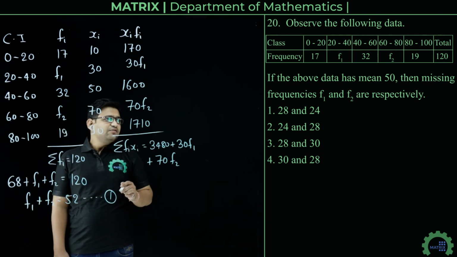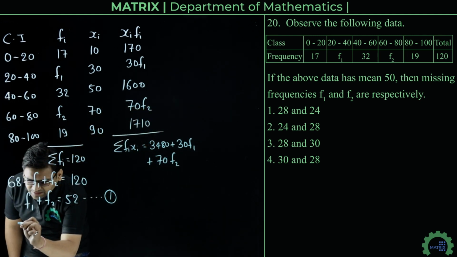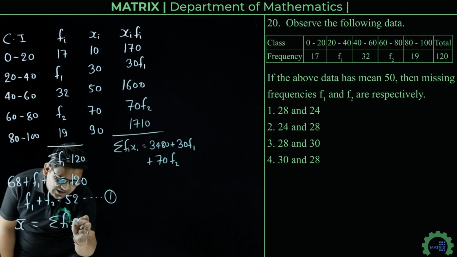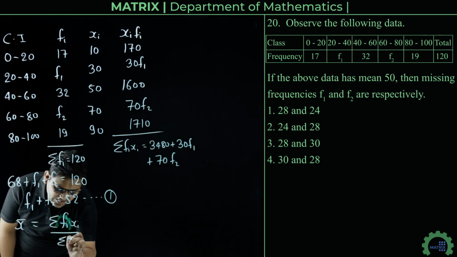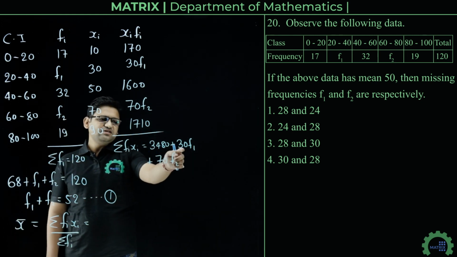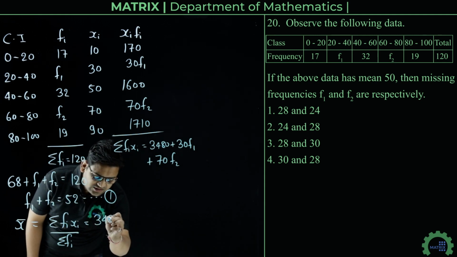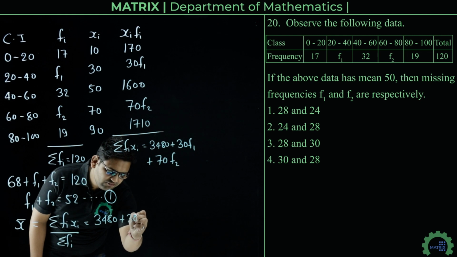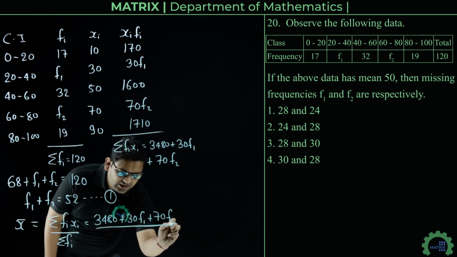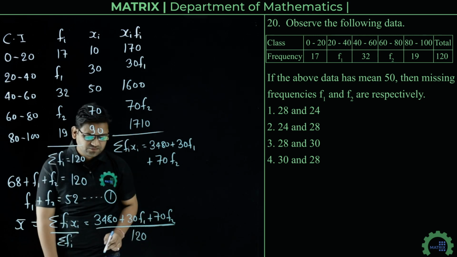In the next, we have given the mean here is 50. So we know that mean is equals to x bar, which is equals to sigma fi xi divided by sigma fi. Here sigma fi xi is 3480 plus 30 f1 plus 70 f2. So 3480 plus 30 f1 plus 70 f2 divided by sigma fi, that is 120, it is given.